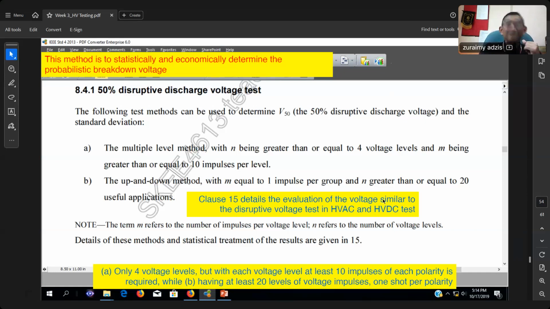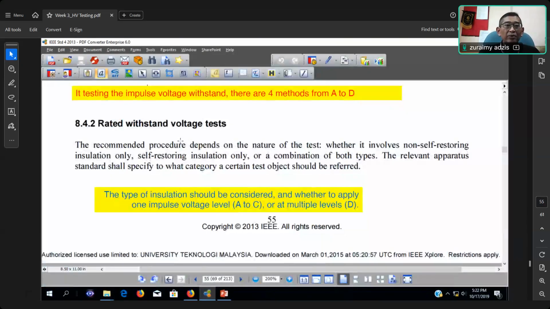No, it is not similar to DC and AC, but we have 3 types of tests. The first one is the 50% disruptive discharge voltage test. See, this is very tricky, this one. The next one, 8.4.2, rated withstand voltage test. So it's like part 1 of the DC and AC withstand voltage.